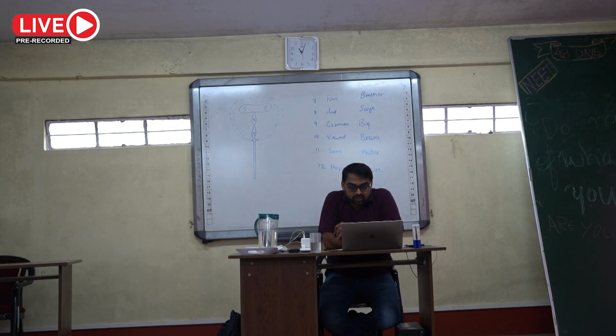Now look at this. Daughter is affected, but father is not affected. Meaning, it is not X-linked. The children, male and female, are affected, but parents are not affected. Meaning, it is not dominant.